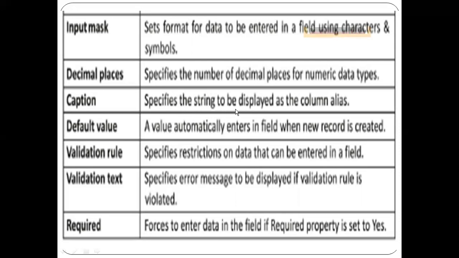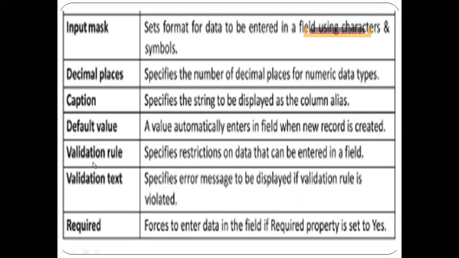It specifies the string to be displayed as the column heading, like everything has got a heading, so same way is your caption. Default value: a value automatically enters in the field when a new record is created, like auto number, generated by a query, generated by a code written, or inbuilt auto number.